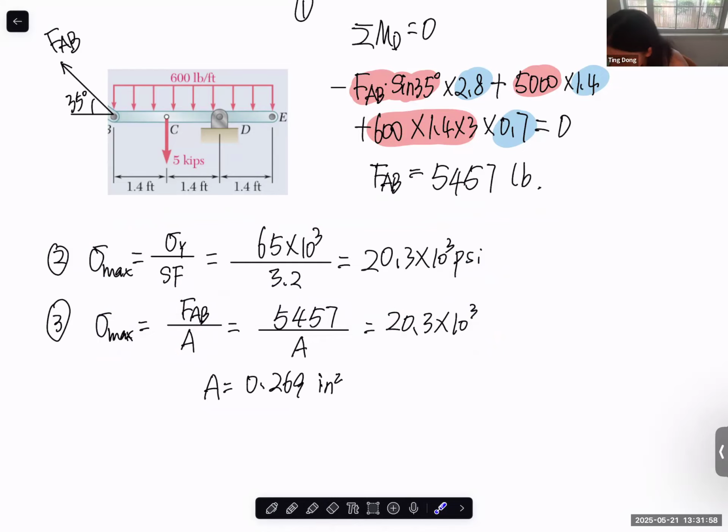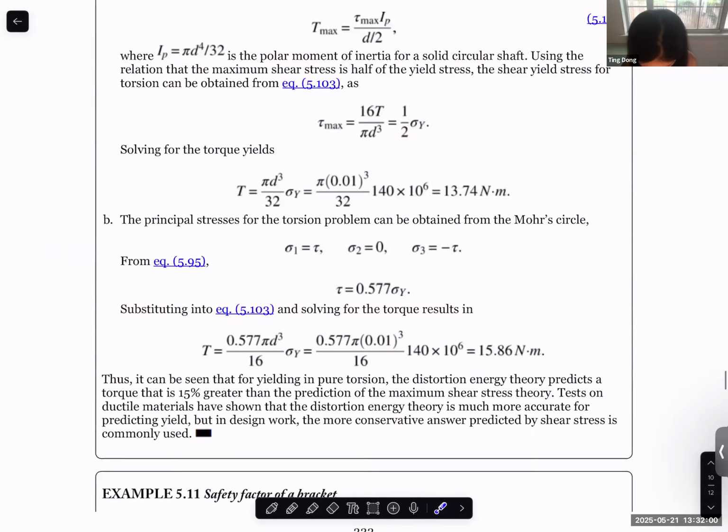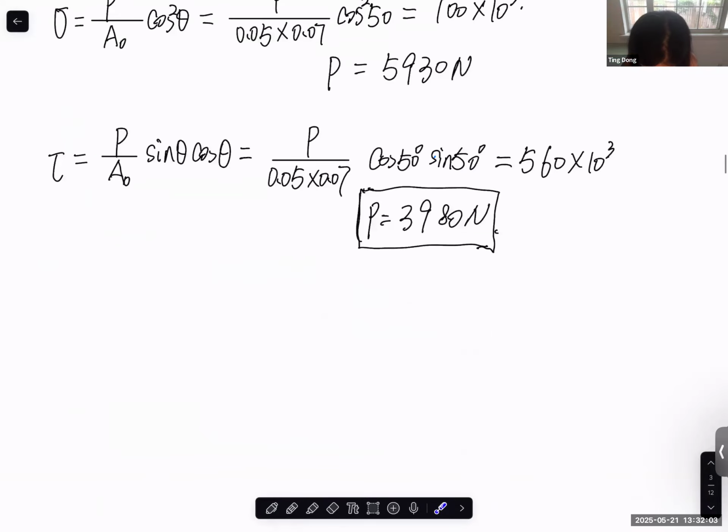PSI and inch. Okay. Let me go back to, oh, it's in a different lecture.